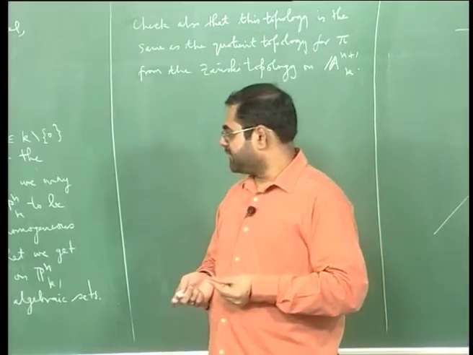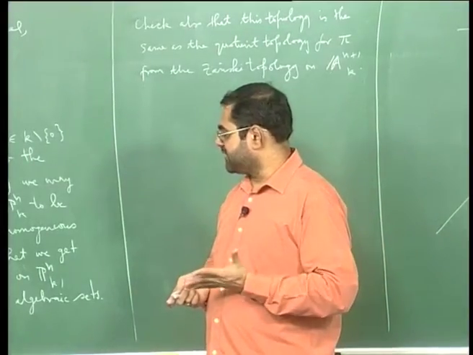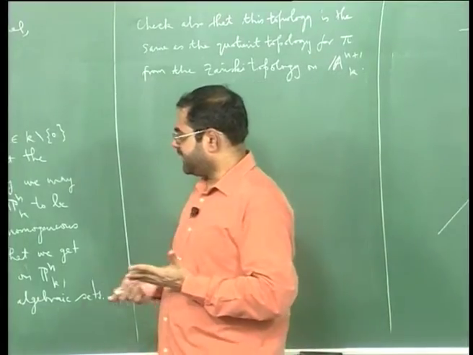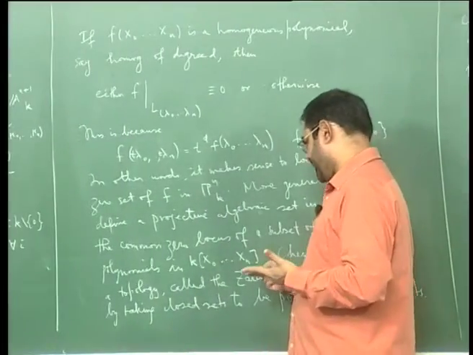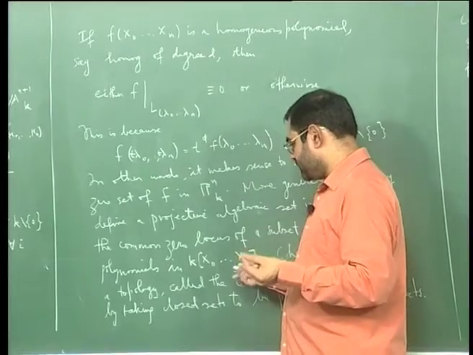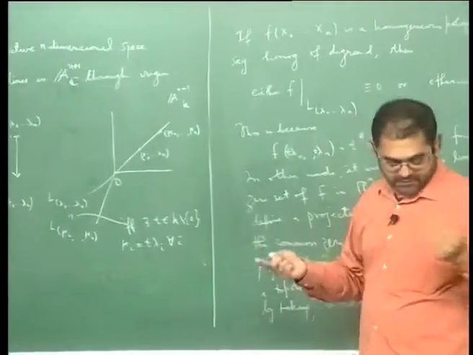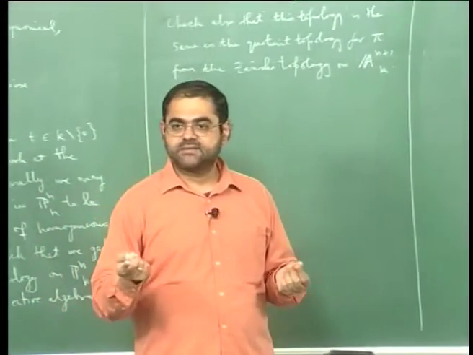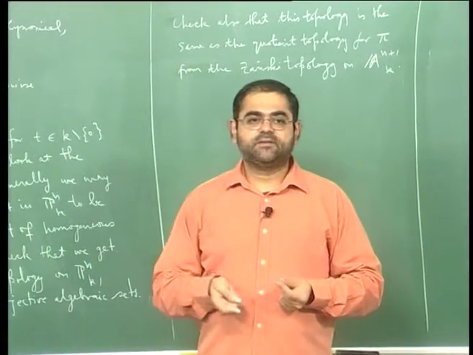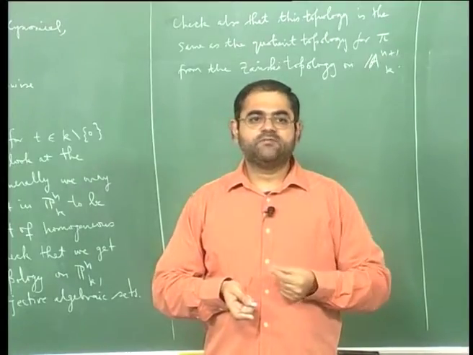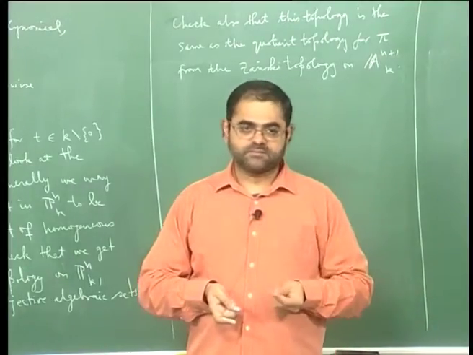And of course, in the projective case also you can define regular functions. The only thing is that in the affine case your regular functions were quotients of polynomials. Now you have to define them as quotients of homogeneous polynomials.